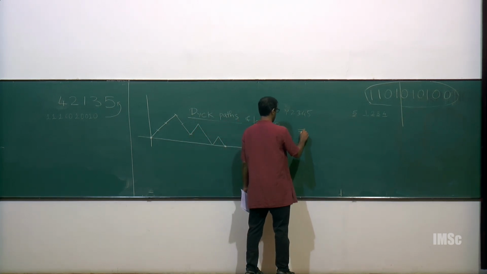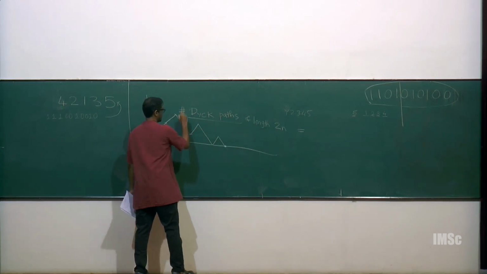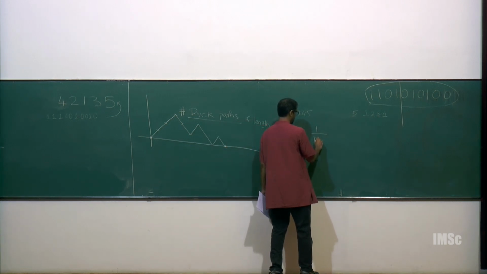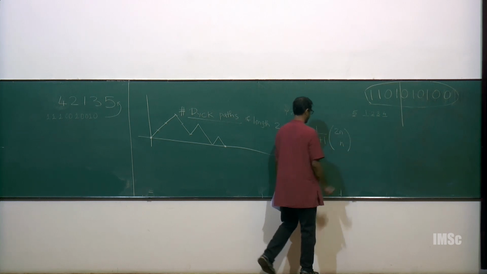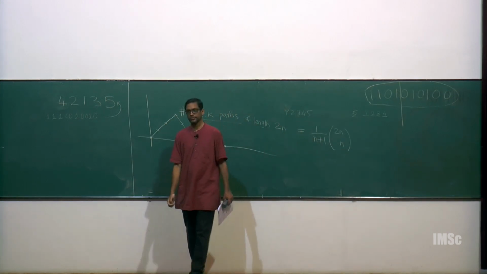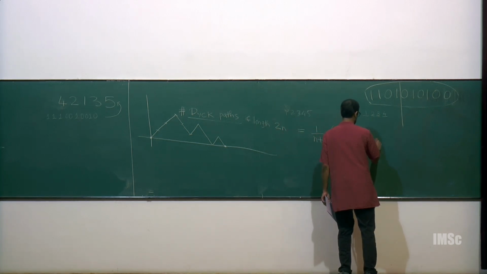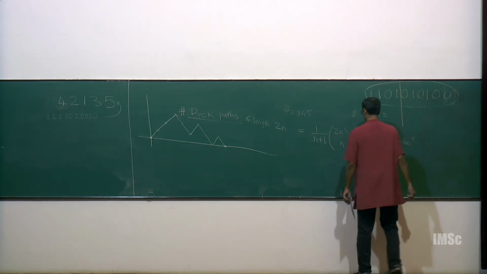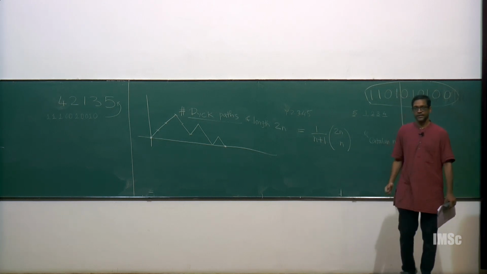And one can actually count these guys. The number of Dyck paths is something called the Catalan number. I mean, there's an actual formula for it, in terms of the binomial coefficients. So this is called the Catalan number. So let's just do it in the example we were interested in.